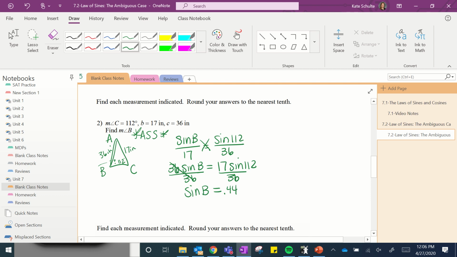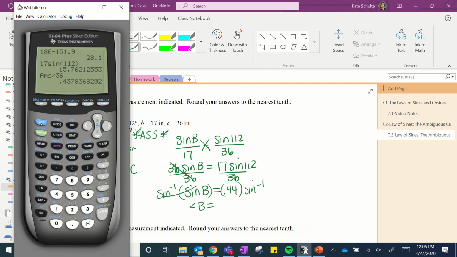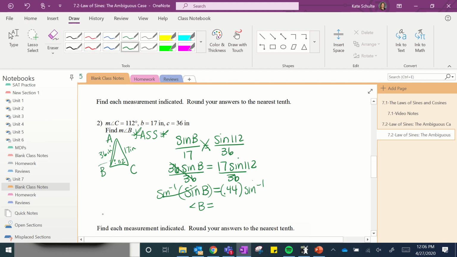The way that we separate this is by taking inverse sine of both sides, and that gives us our measure for angle B. So I get 25.96, and if we're going to round that to the nearest tenth, that ends up rounding to be 26 degrees.